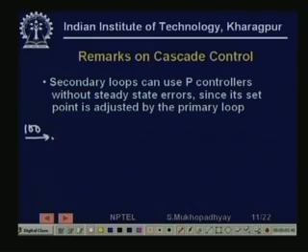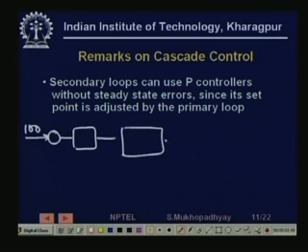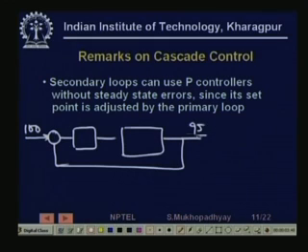So, suppose in a control loop, if you give 100, there is some steady state error because there is a proportional controller, and here you get say 95. You know that you get a steady state error in this loop.